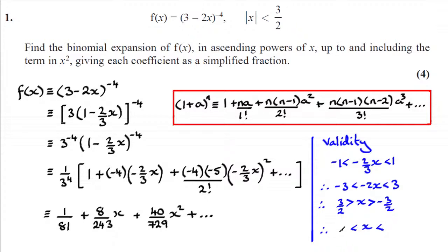So x has to lie between -3/2 and 3/2. And that is the same as writing this statement here. So just to remind you about the validity of a binomial expansion when n is not a positive integer. So there we go. Let's move on then to the next question.